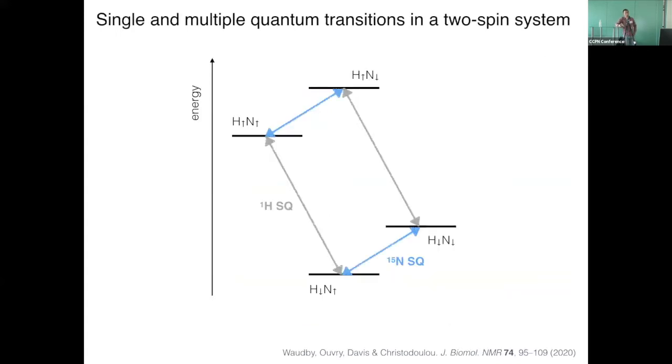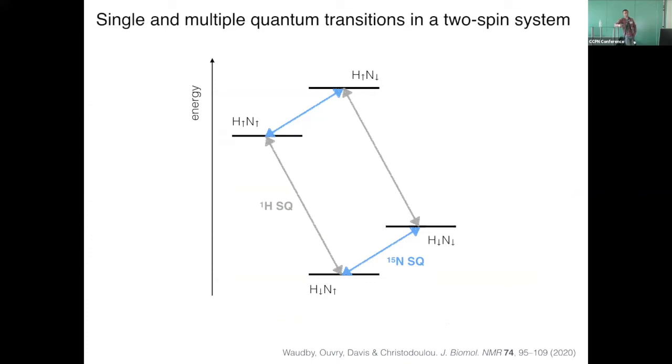So, going back to the details of what is going on with titrations and with these measurements. In a two-spin system, like an amide spin system, you have your proton single quantum frequency differences, and your nitrogen single quantum frequency differences. And in an HSQC, this is what you're correlating.